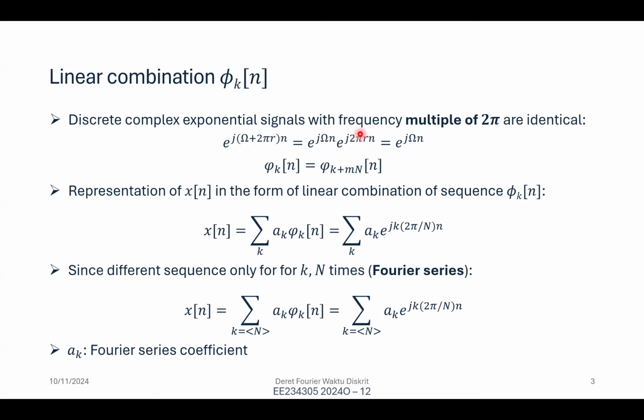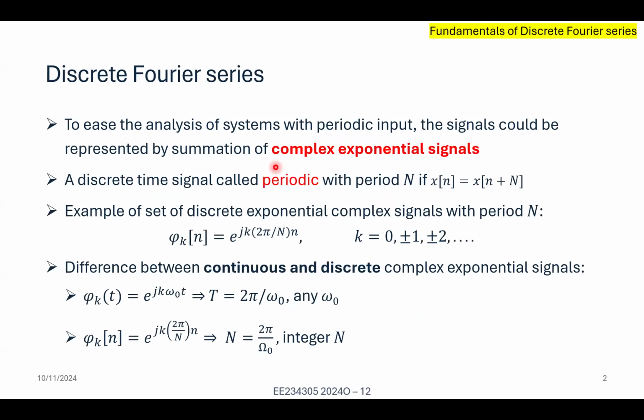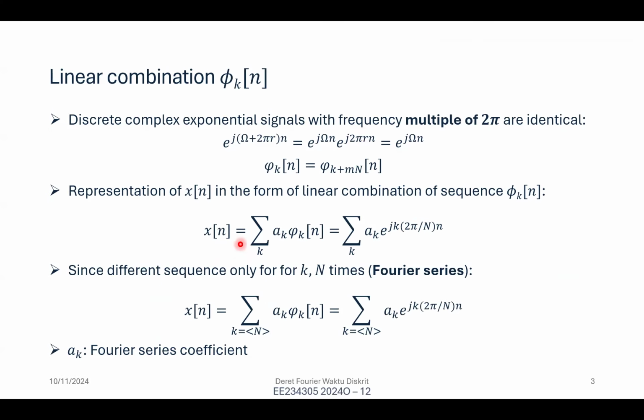So if I have 2 pi or 4 pi and so on, they are considered identical signals. Thus psi_k equals psi_{k plus mN} of time n.